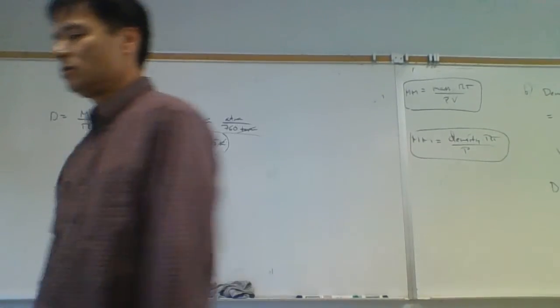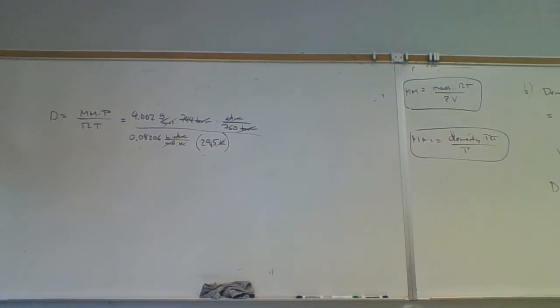And so let's go ahead and do the calculation here. Calculation is 4.002 times 744 divided by 760 divided by 0.08206 divided by 295.